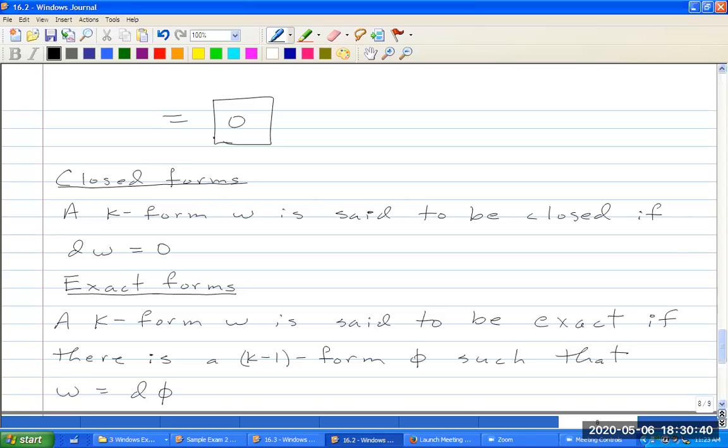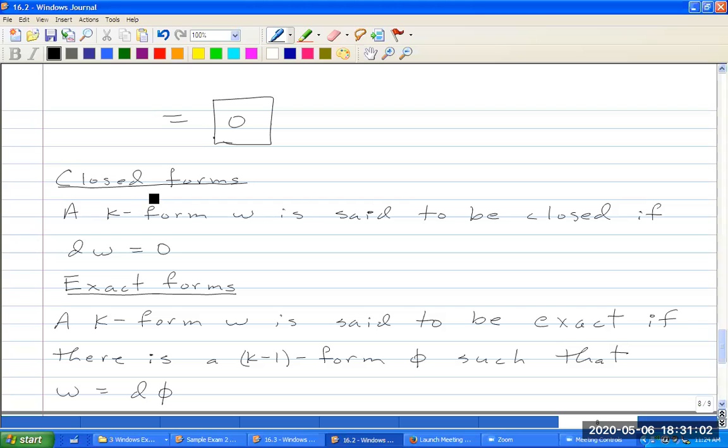Let me give a little bit more terminology that will be useful in the next few sections. So let me introduce some of these concepts. A closed form.